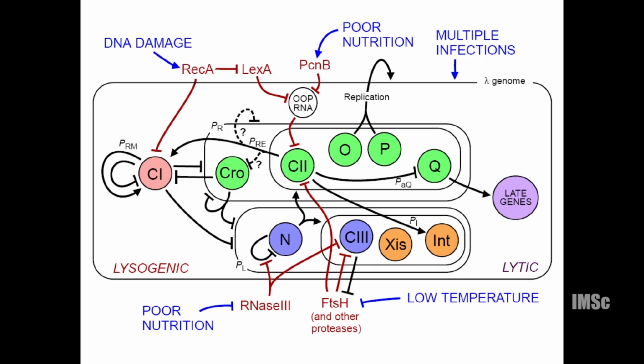Okay. There are other things. Some of these detect things like temperature, poor nutrition. So again, you can imagine in various kinds of situations you might want to bias this decision. But this is such a complicated network, it's quite hard to understand actually how this decision is made; we don't fully understand. We know hand wavingly and in some kind of overall logic way that when the bacterium is doing poorly, you should probably jump out.